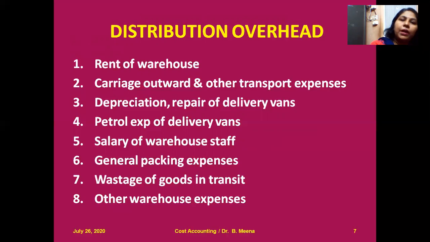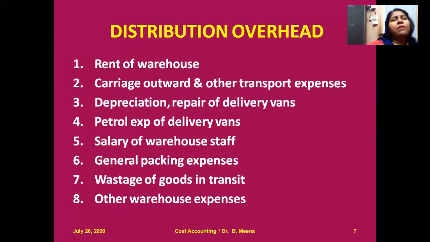Depreciation on plant and machinery will come under factory. Depreciation and repairs on office furniture will come under office, or else depreciation or repairs of delivery vans. Delivery vans are the transport vehicles that we use to transfer the finished commodities from our warehouse to the market.